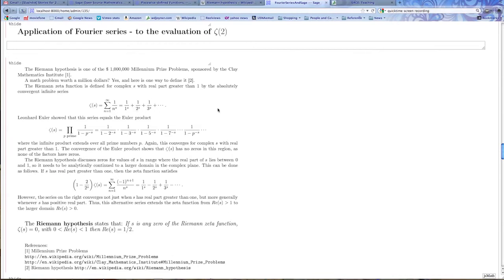What is that sum? It turns out sums are much more difficult to evaluate than integrals. If this is an integral from 1 to infinity of 1 over x to the s dx, you could evaluate that pretty easily using calculus, but sums are more difficult. And in fact, if you want to try to figure out when this function is 0, for which s is this 0, that is a very famous unsolved problem worth $1 million.